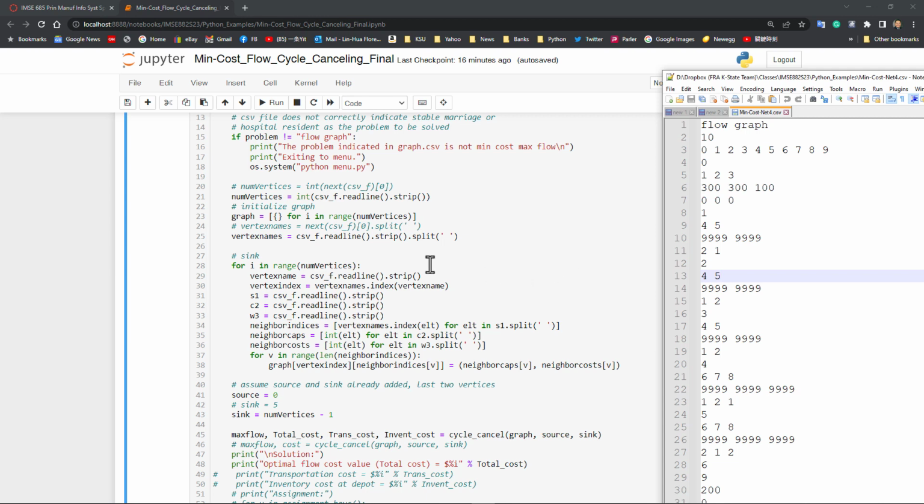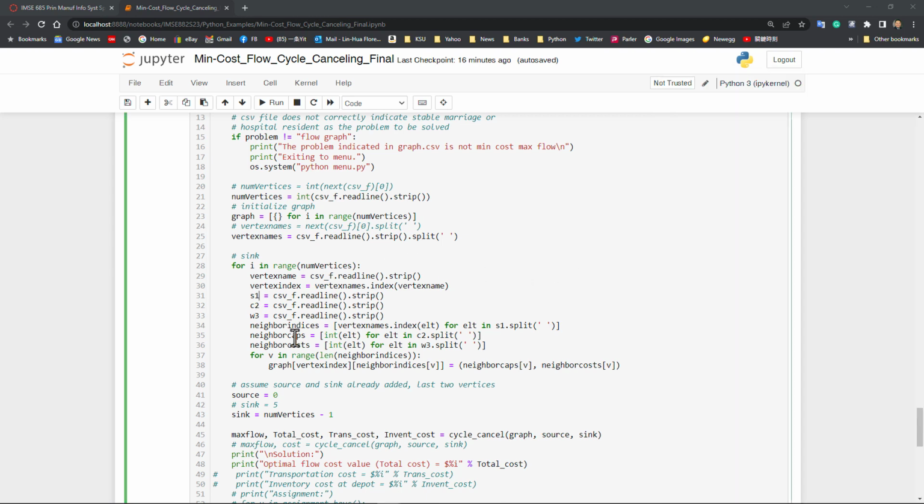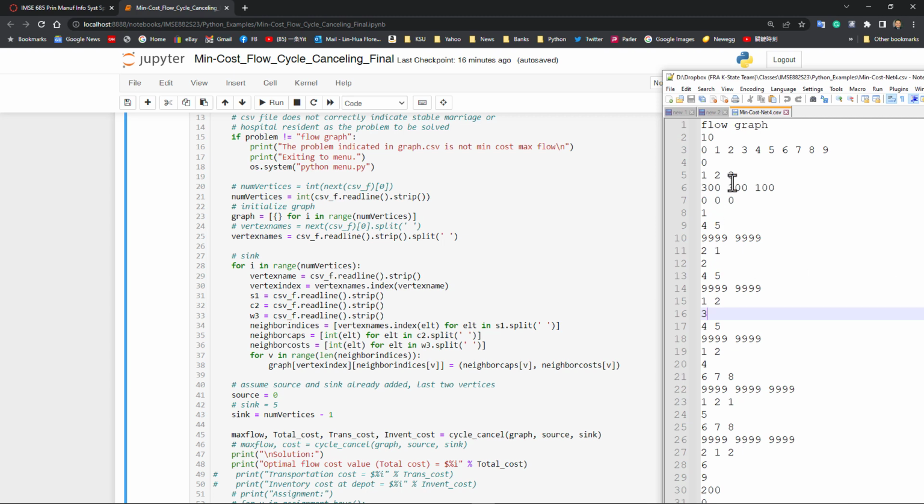So S1 represents the sink node indexes. C2 represents the capacity on that arc. And finally is the weight. Weight is the cost for transporting a unit of flow downstream.